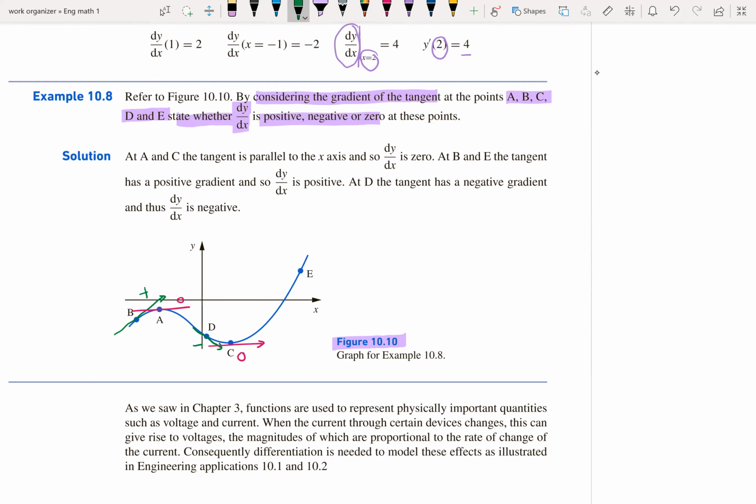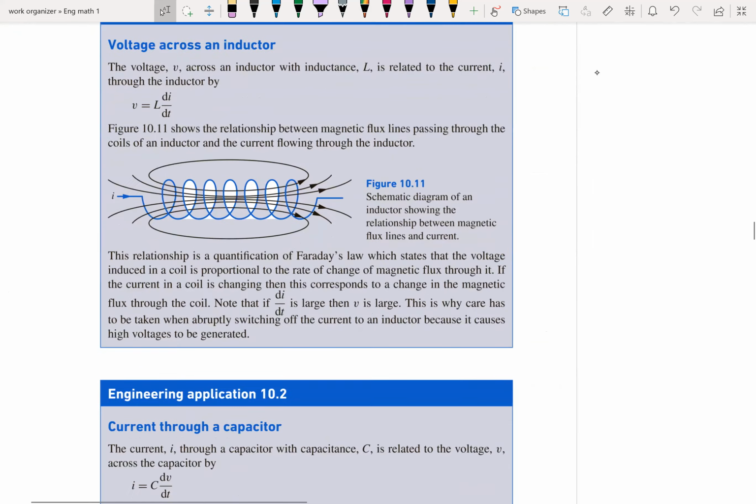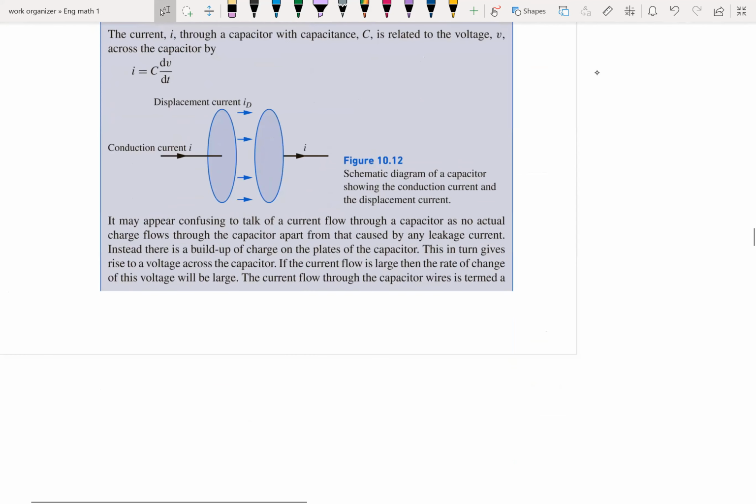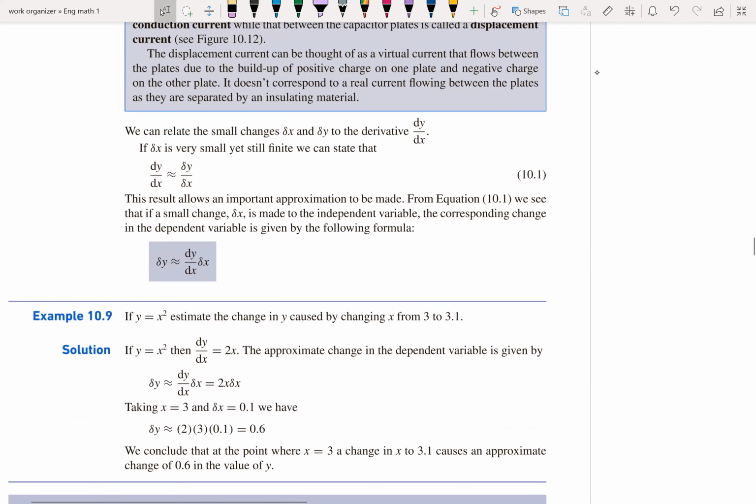And then finally at E, the tangent from left to right is increasing, so this is positive.